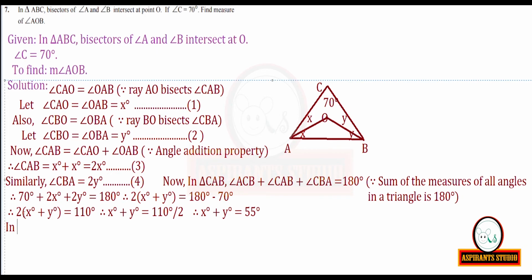Now, our final aim should be to find the measure of angle AOB. So coming to triangle AOB now, sum of the measures of all angles of a triangle is 180 degrees. So we can write measure of angle AOB plus measure of angle OAB plus measure of angle OBA is equal to 180 degrees.